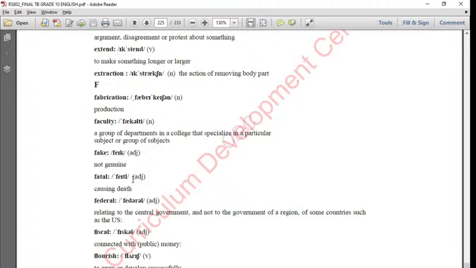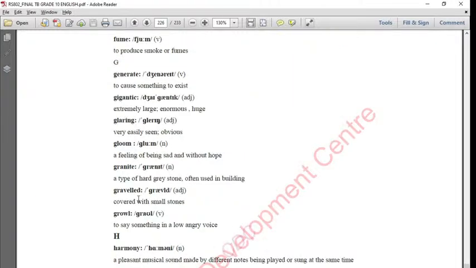And then we have fraternity, and then we have fume, generate, gigantic, glaring, gloom. Granite, a type of hard gray stone often used in building. Gravelled, growl. And then we have harmony, and then hazard, heed.